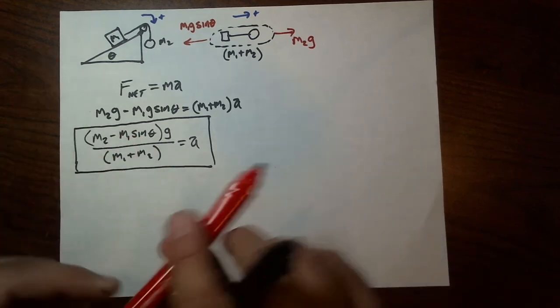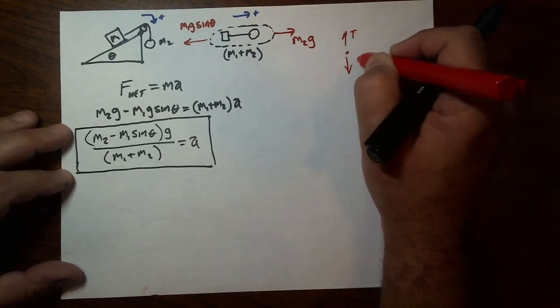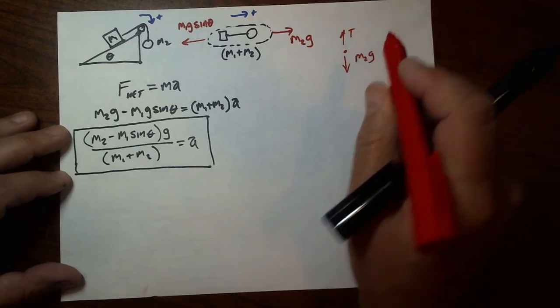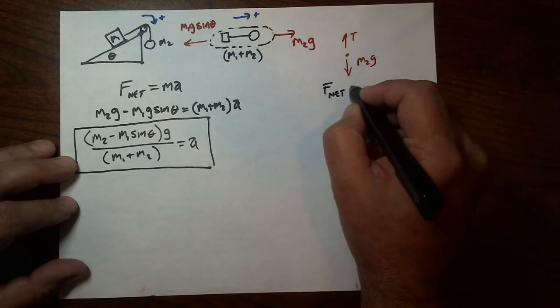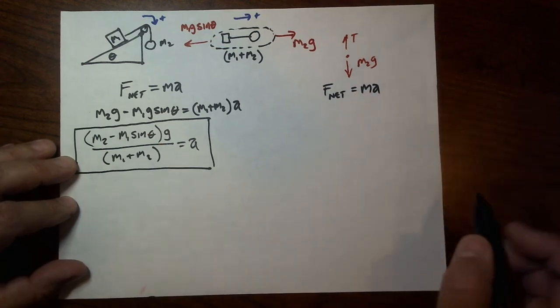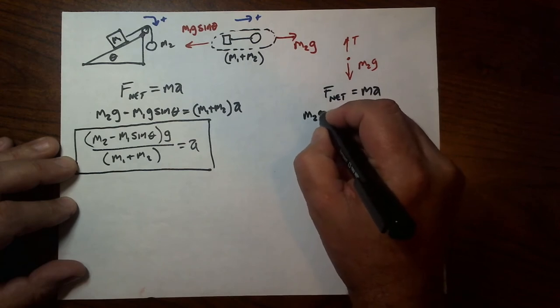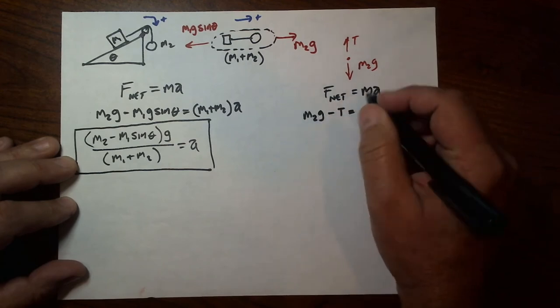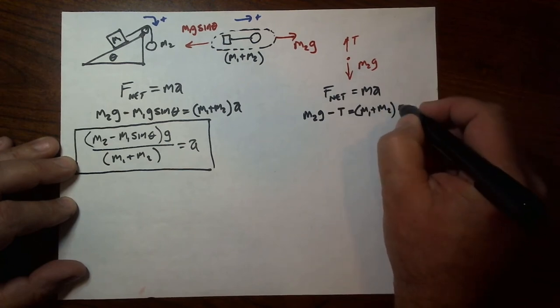Then we draw ourselves a quick free body diagram, and in this case I think the hanging mass is clearly the one that is easier to handle, m2g, and we'll write F net equals m times a. And in this case, downwards is positive, so F net is m2g minus t equals, and now we need the combined mass times a.